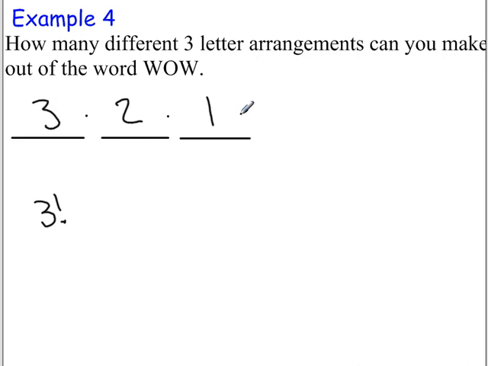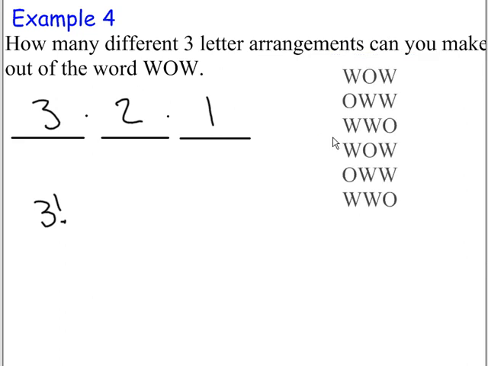But the answer is not 6, and I'm going to tell you why. If you actually list the arrangements, these are the arrangements. What do you notice? These arrangements are just a repetition of the first 3 arrangements.